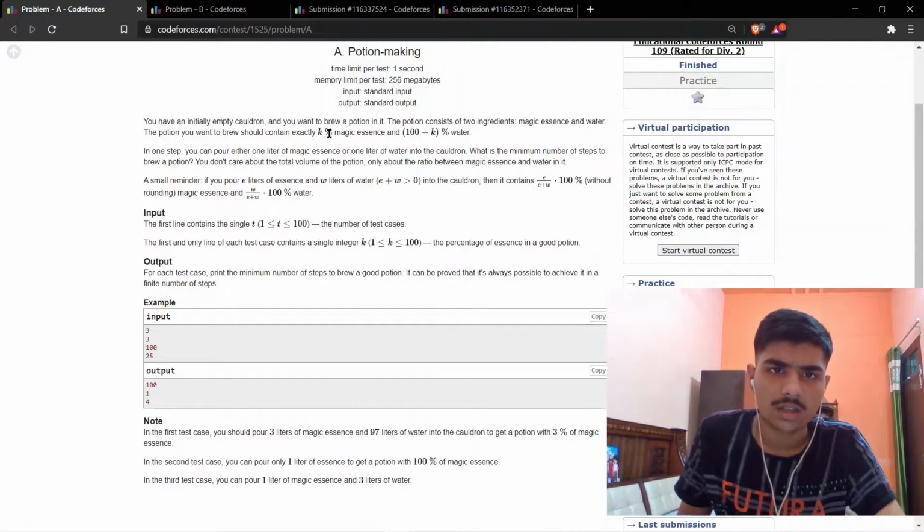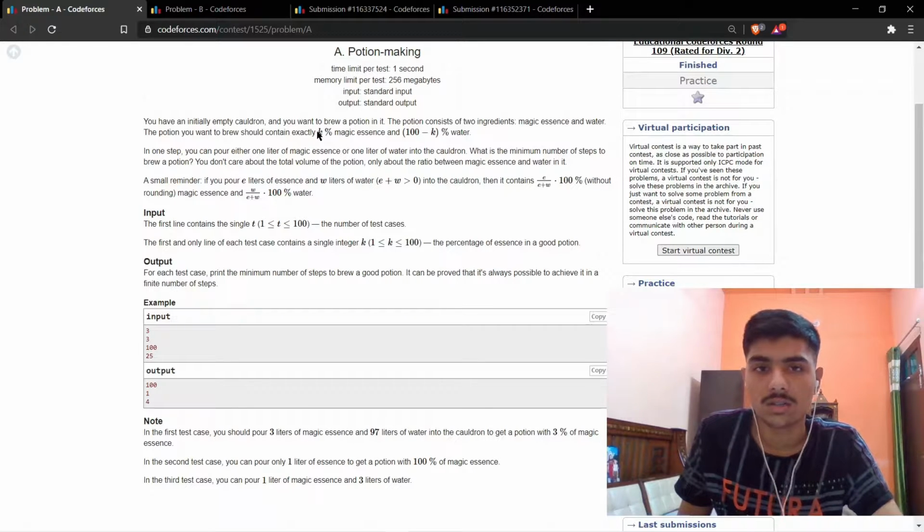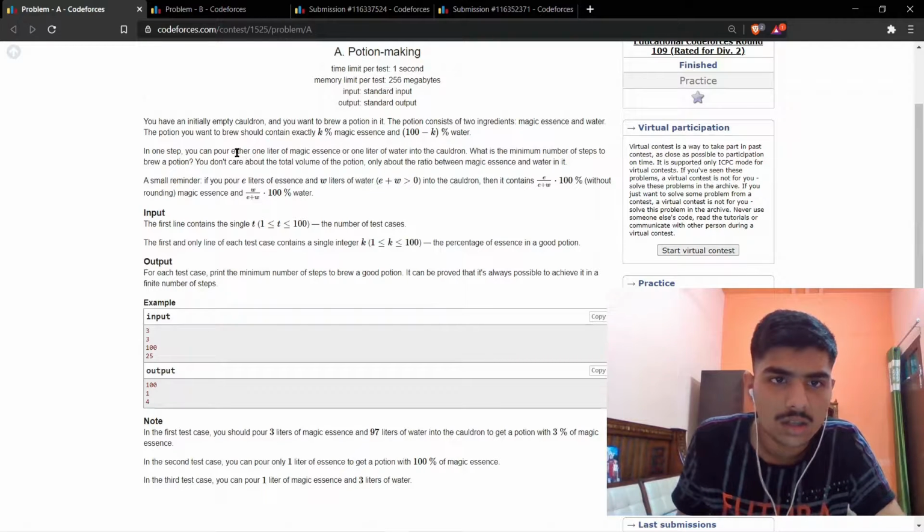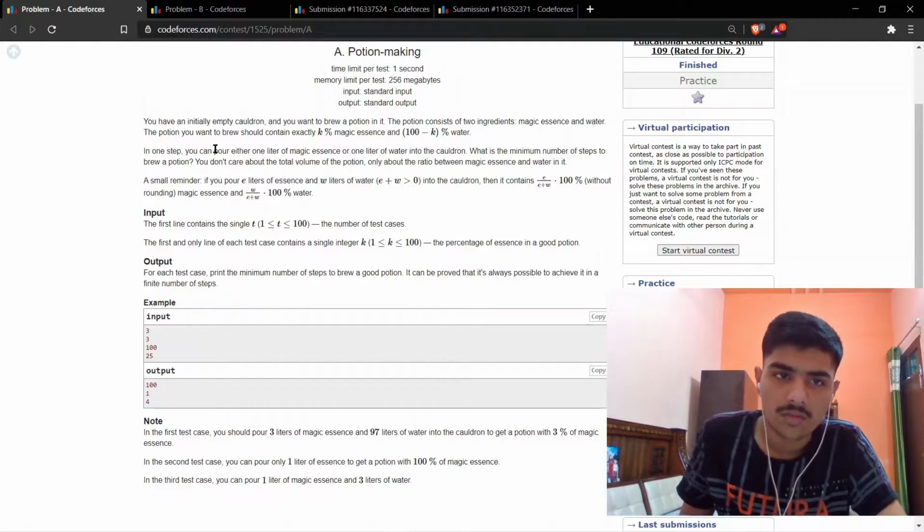So our target is to tell the minimum number of operations that we can do, and in each operation we can either pour 1 liter of magic essence or 1 liter of water.